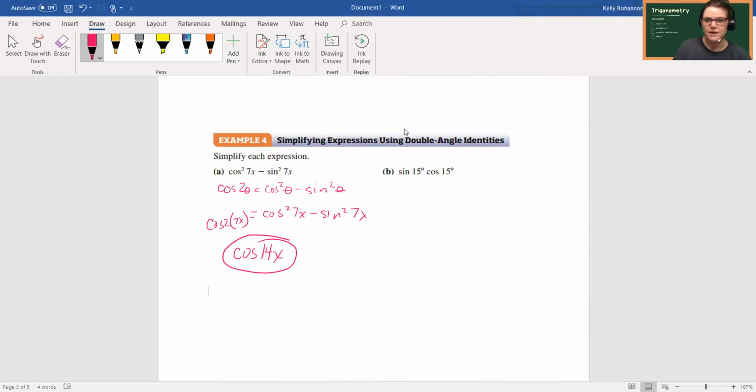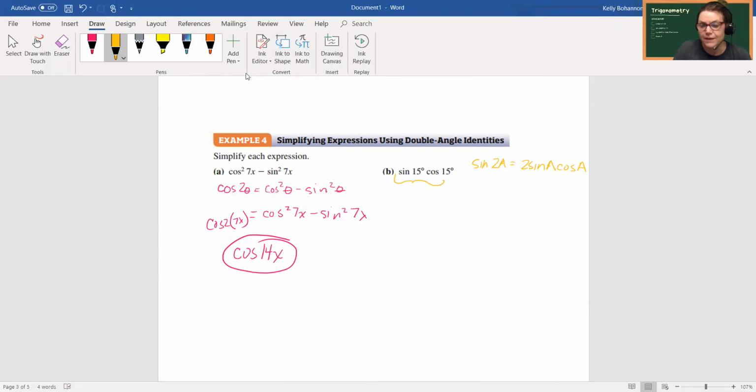My double angle sine identity is sine of 2a equals 2 sine a cosine a. Well, I have what would appear to be sine a cosine a, but I'm missing the 2.